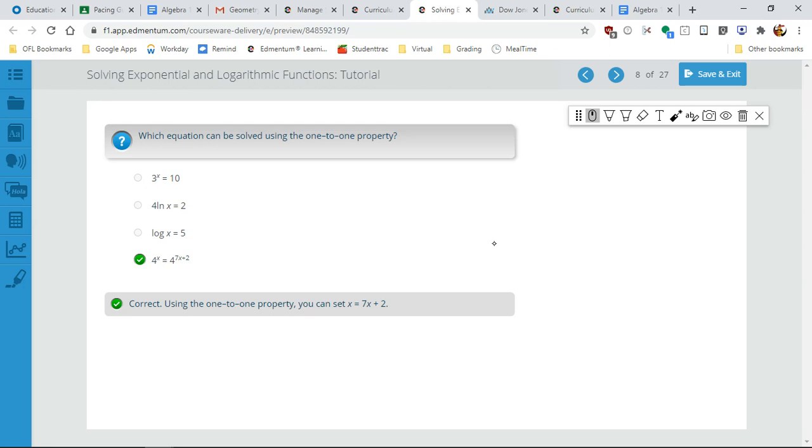So this one-to-one property is this idea of logging both. In other words, what they're saying is, who cares about this 4? Just do x equals 7x plus 2. They're using the one-to-one property to say we're doing the same thing to both, so why do we even care that this is a 4?